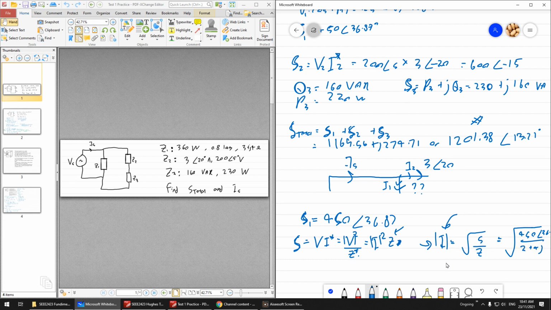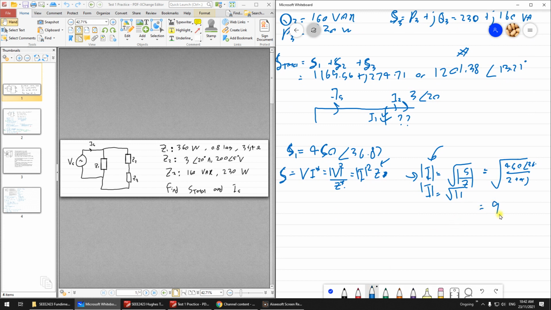And make sure, don't forget, for the amplitude you only take the real power, you cannot use the complex power. So 450 angle 36.8 divided by open bracket 3 plus 4J, equals to, you have to change it to the magnitude, so you get 90.